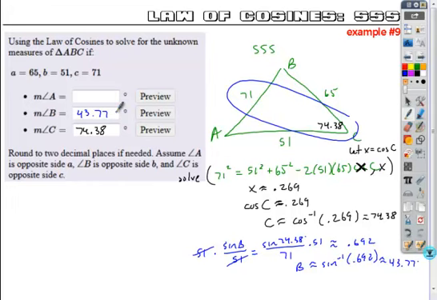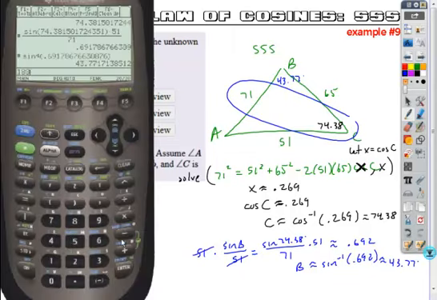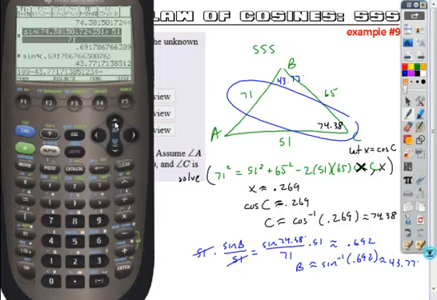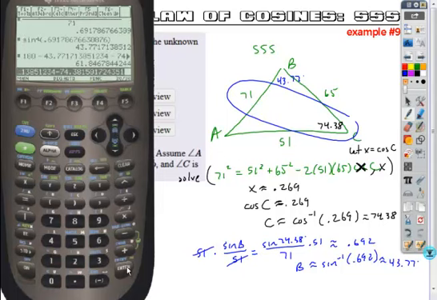And then my final step is to calculate A by using triangle sum. 180 minus the two angles that I found here and here. Now, you need to be careful on these. Because we're rounding, it is possible that these won't all add up to a total of 180 degrees.